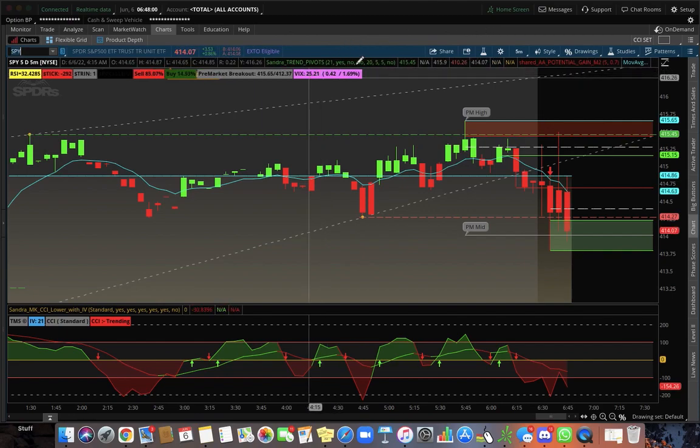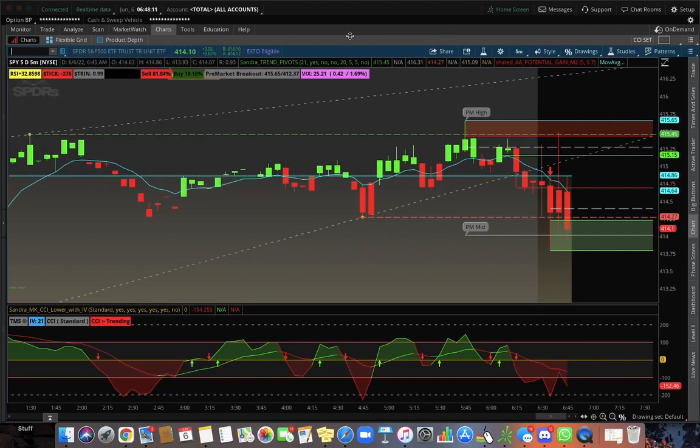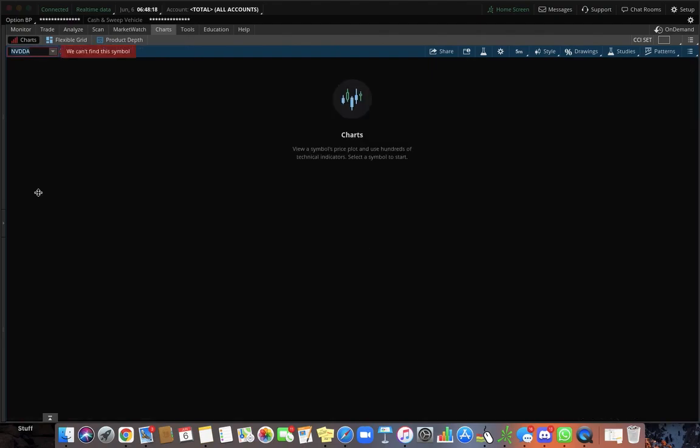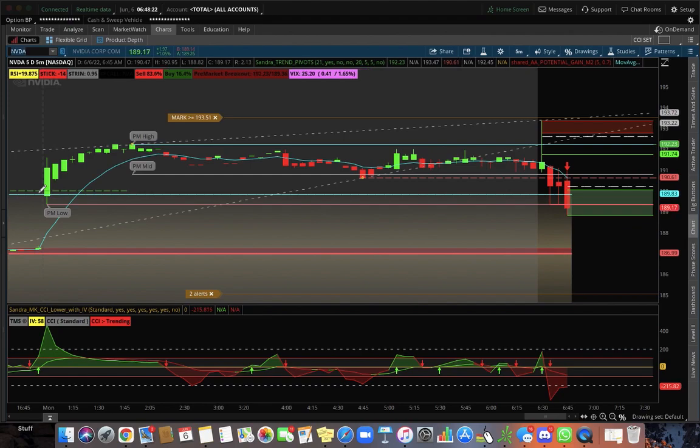And the VIX is rising. So SPY, 412 on SPY. Oh, we got plenty of room on that. Interesting.